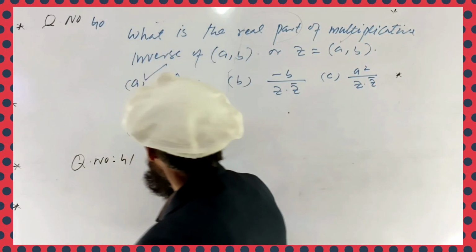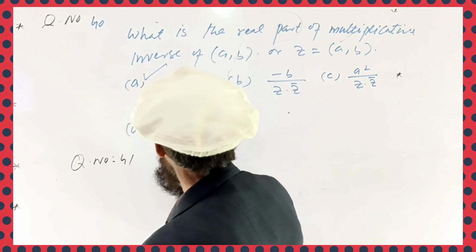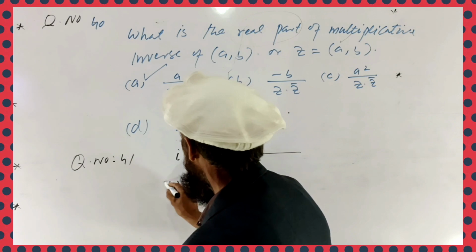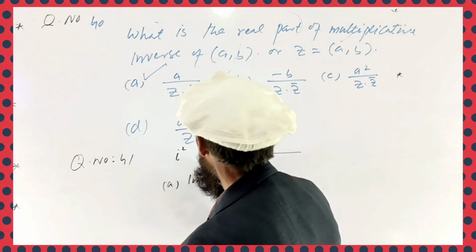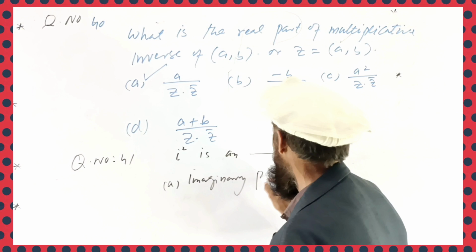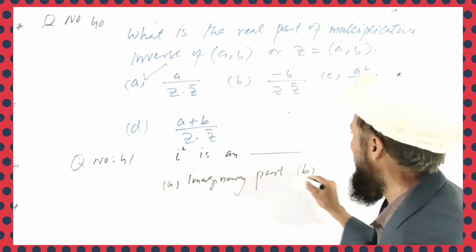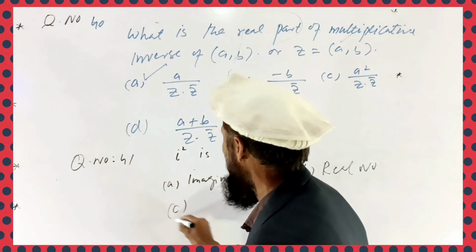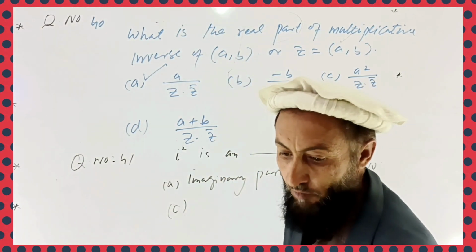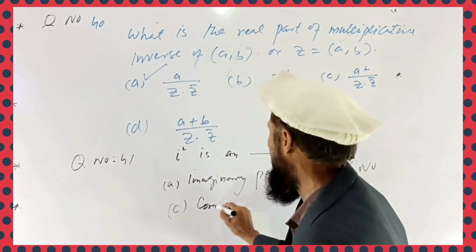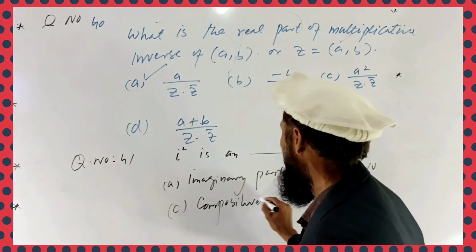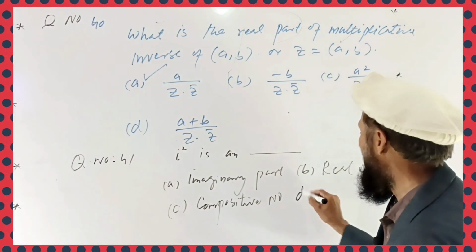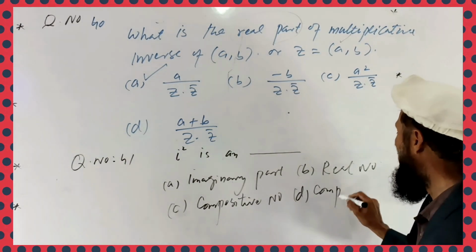Iota square is an imaginary part, B real number, C composite number, and D complex number.